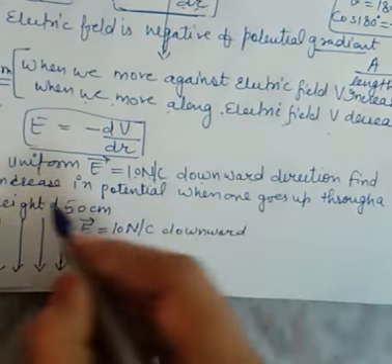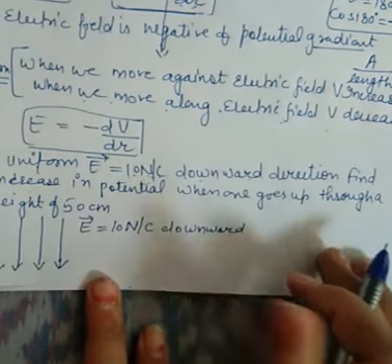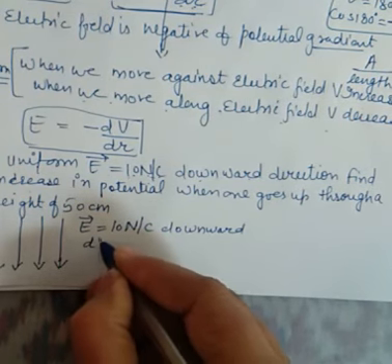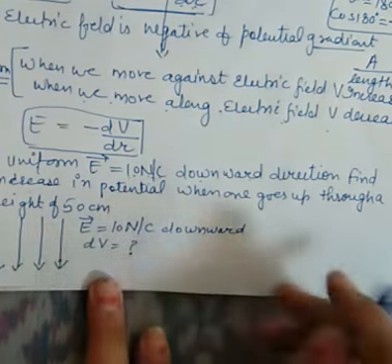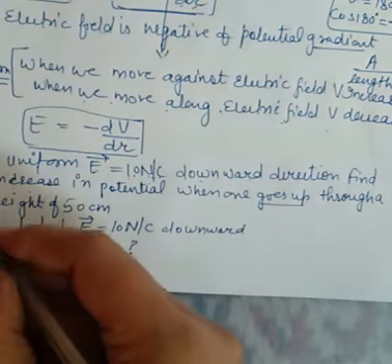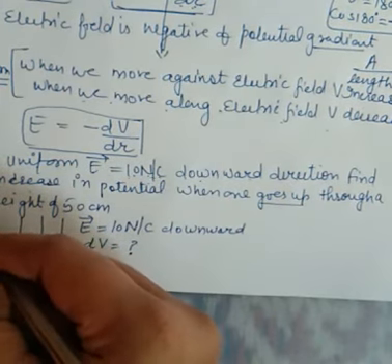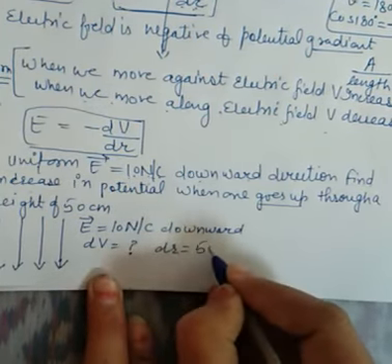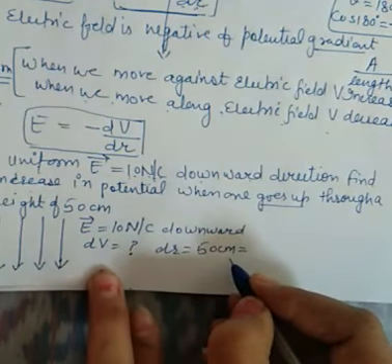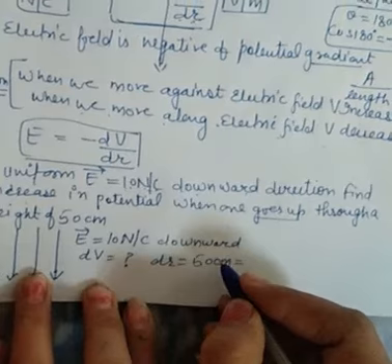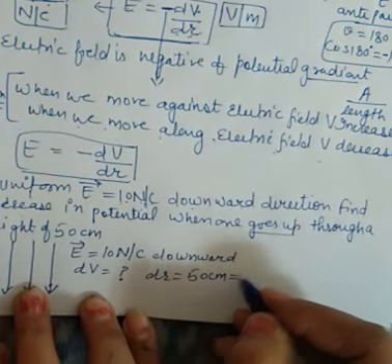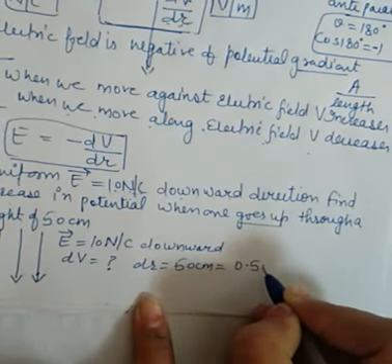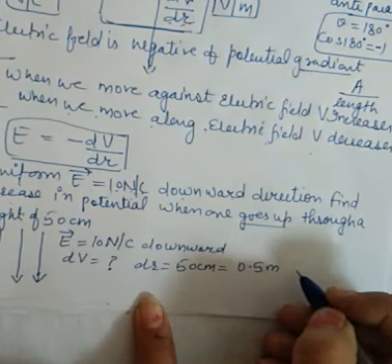We have to find out the increase in potential, that means change in potential, when one goes up, that is dr is in upward direction, through a distance of 50 centimeter. It is not in SI, so convert it into SI first. 50 upon 100, that is 0.5 meter, or I may call it half meter.